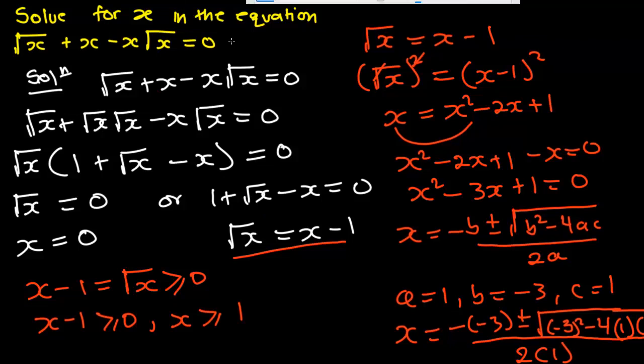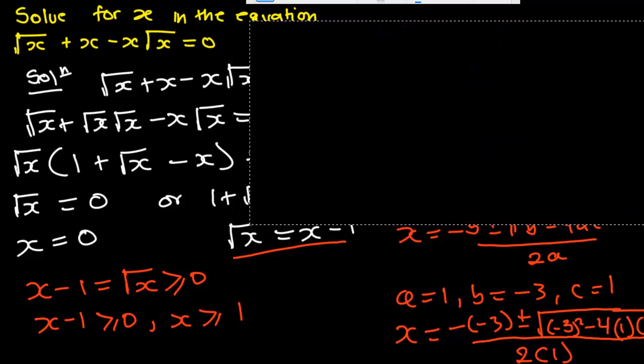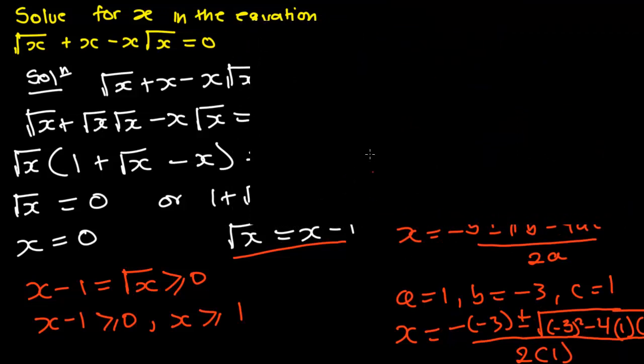So let's clean here. And so from here, I'm going to have x equal to negative, which will cancel negative, so this will turn positive. So 3 plus or minus the square root of negative 3 squared, which is going to give us 9, and then negative 4 times 1 is going to give us negative 4, all over 2.